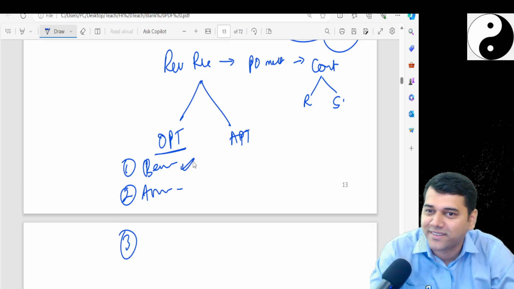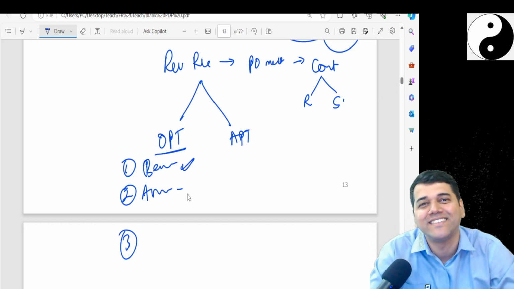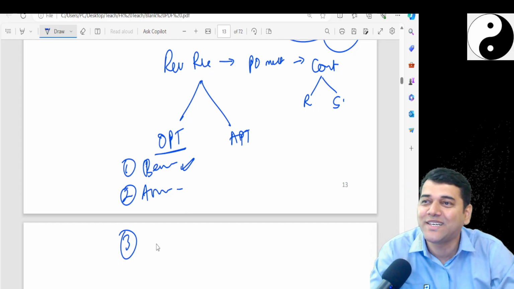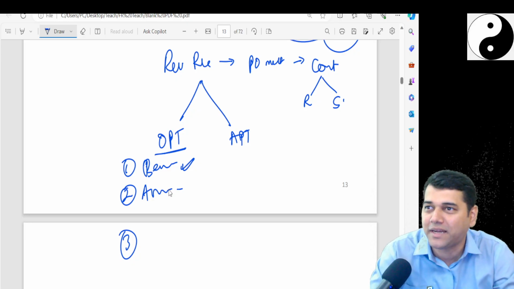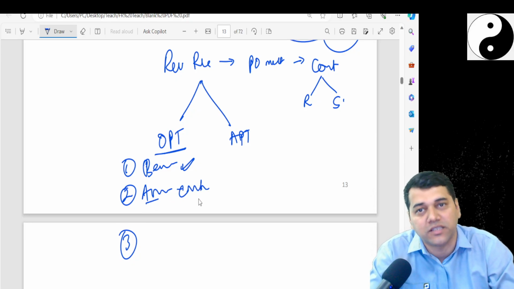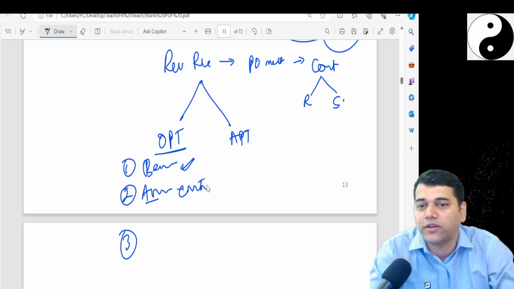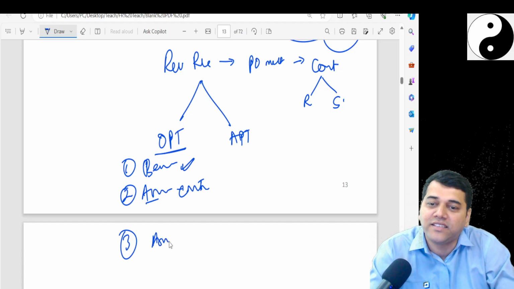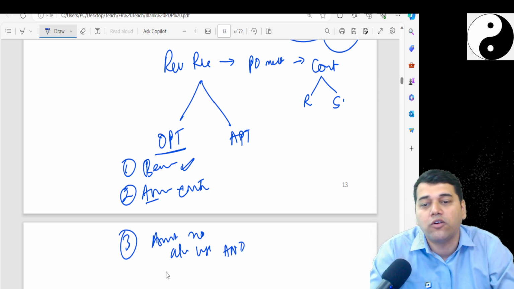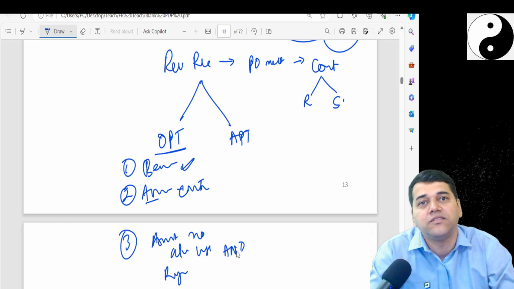That's the first one. What is the second condition? That is the third one. Anyhow, you can interchange them, it doesn't matter. As and when the asset is created, the control is obtained by the customer. You can say control is obtained, and the asset is created with no alternative use, and you have a right to get the cash with the profit margin.